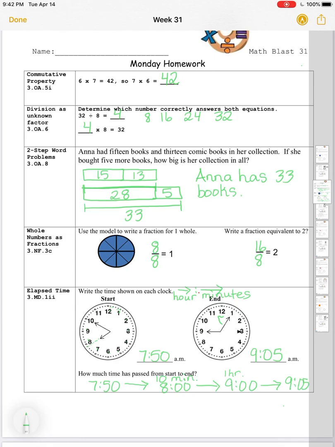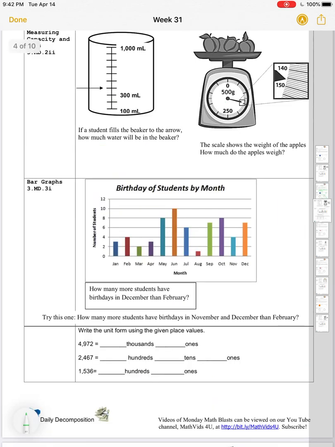And then 5 more minutes would get me to that end time of 9:05. Now, if I add up my time that has elapsed, the 10 minutes, the 1 hour, and the 5 minutes, then 1 hour and 15 minutes has passed. That's the elapsed time.